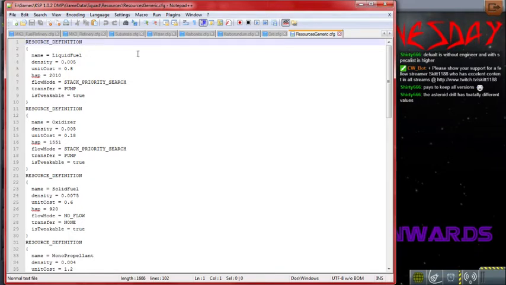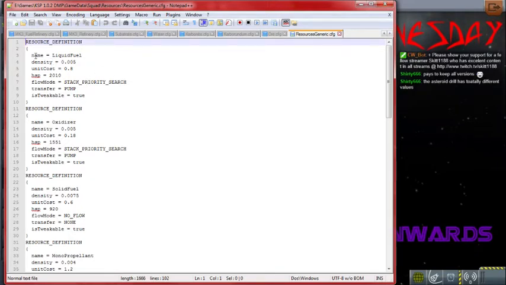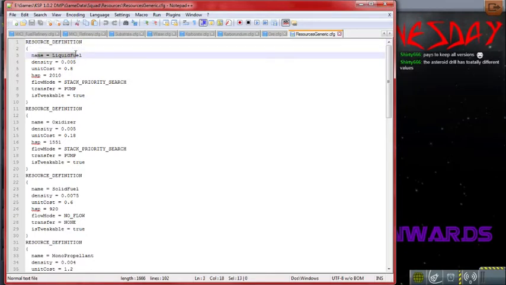If we have a look in the resources generic file, you'll find all of the resources are basically defined here. So basically it just says resource definition, and name is whatever, density, unit cost, HSP, flow mode, transfer, and is tweakable. We've been through the values before, but there's only a few of them, so let's go through them again.